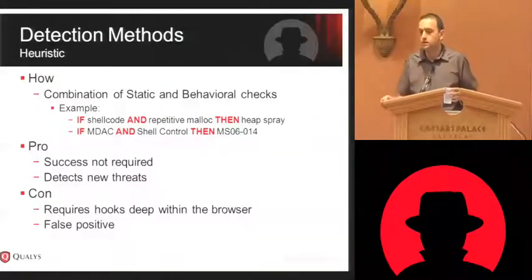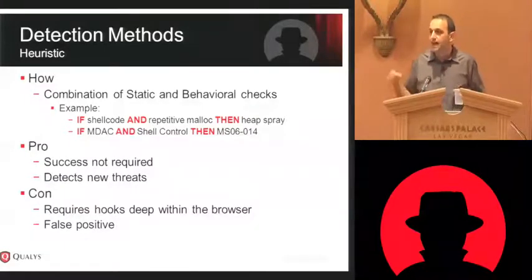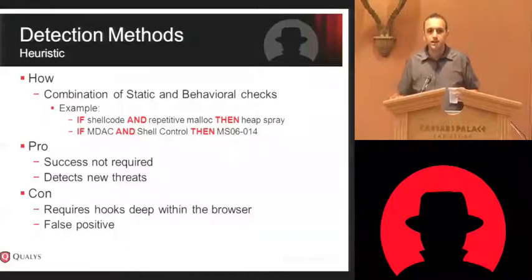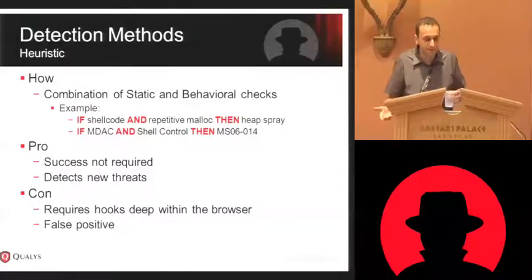I need a little bit more. So if I see shellcode, and I see that shellcode allocated repetitively in the browser, then I can say almost definitively, you're attempting a heap spray, or you're a terrible JavaScript coder. Mostly, it's a heap spray, right?